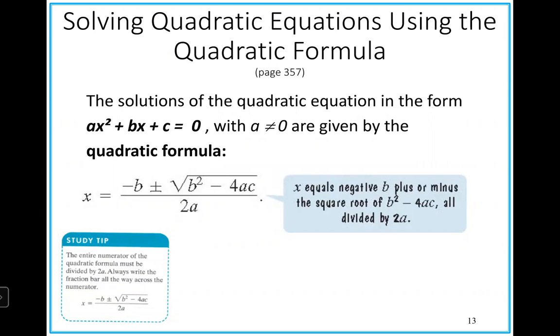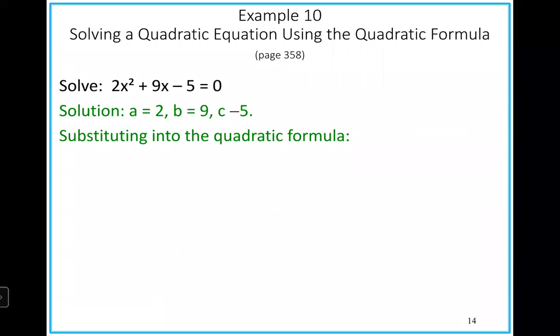So the equation we have here, if you want to write the formula: x equals minus b plus or minus square root of b squared minus 4ac all over 2a.